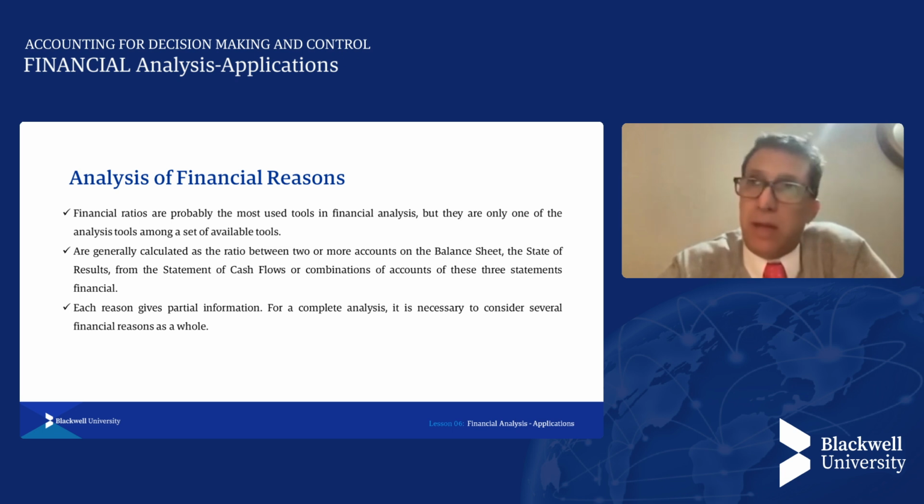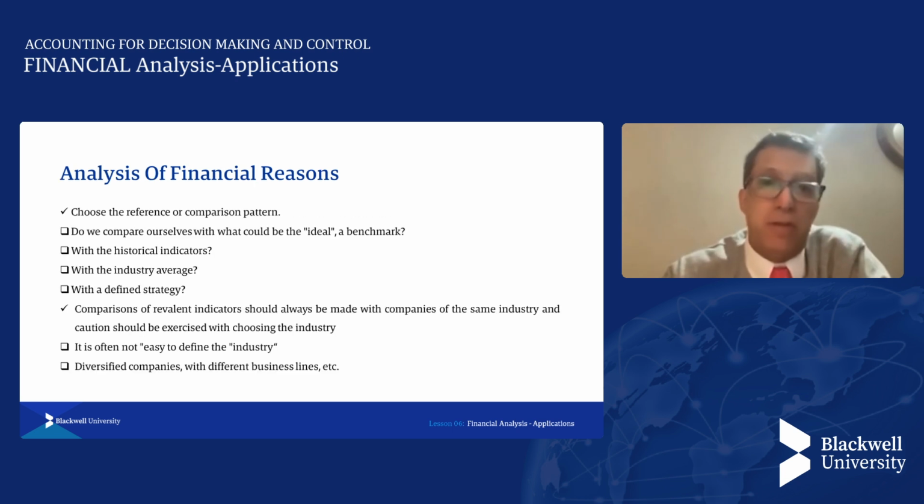It is also important to note that each ratio gives us partial information. If we want to have a complete analysis, it is essential to consider several financial ratios as a whole. One or two of them will never provide us with the analysis we want to achieve.